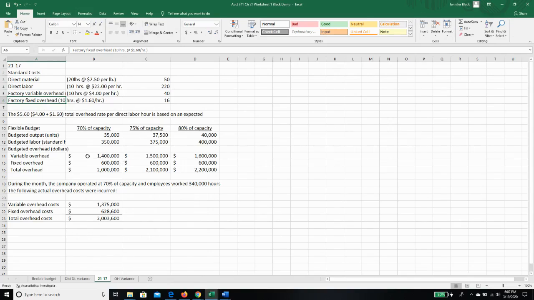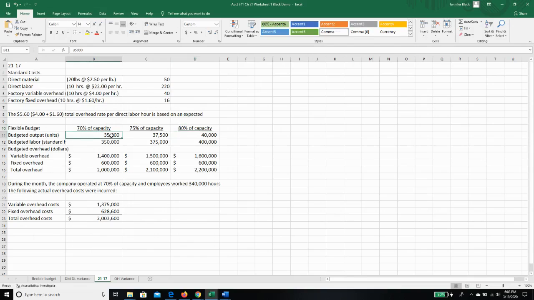All right, and then we have our flexible budget. This tells us what we should expect our standard to be at 70% of capacity, 75% of capacity, and 80% of capacity. And 80% of capacity is how high we think we'll go.